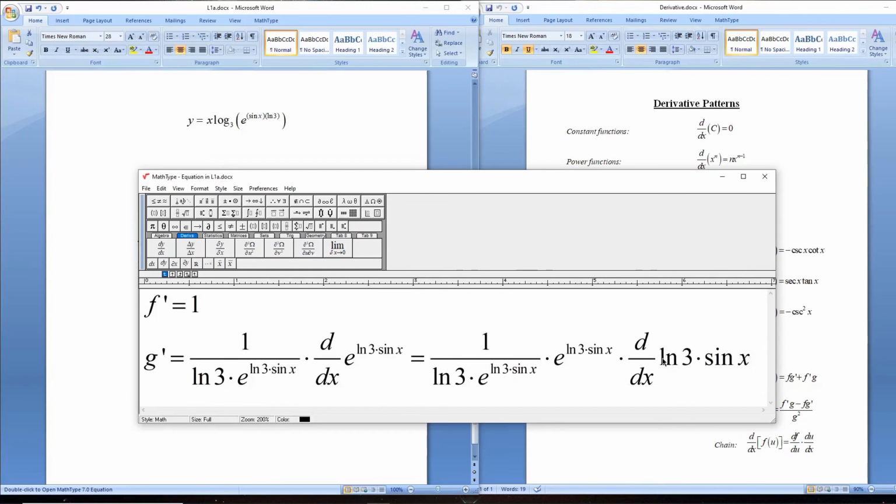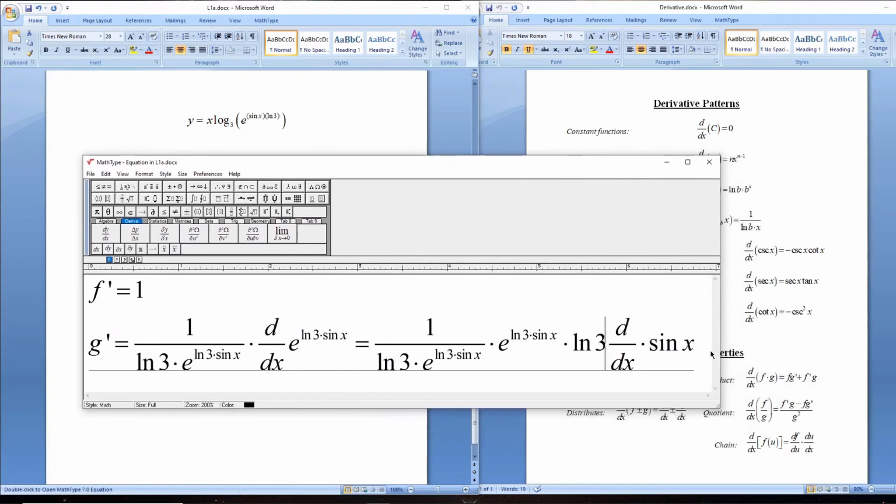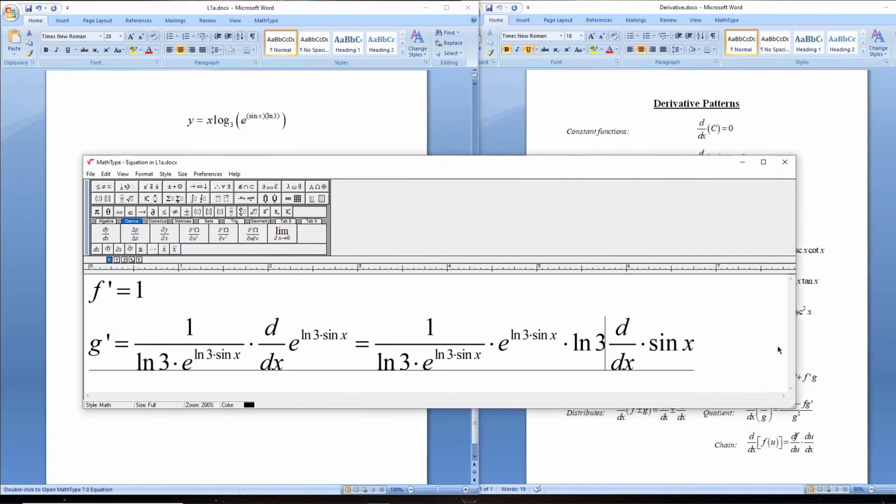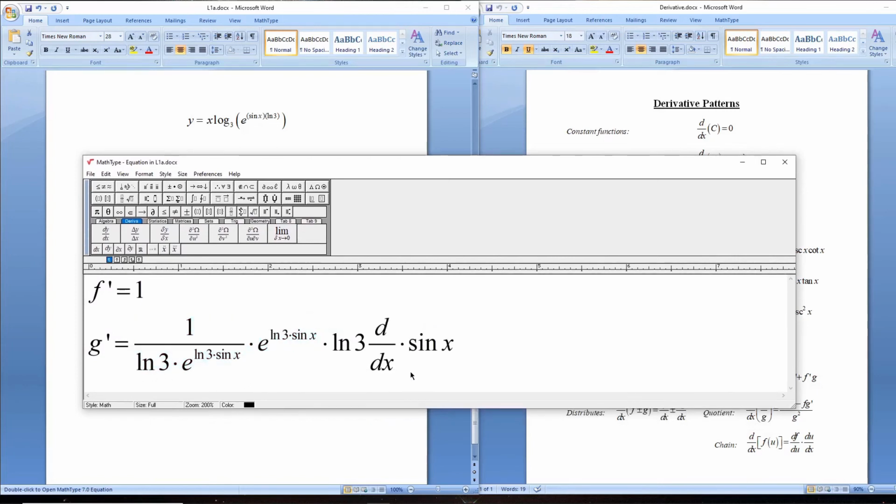And here, natural log 3 is just a constant. And we can pull that outside the derivative. And so here's where we're at now for our derivative. And now the derivative of sine is cosine. And I'm just going to clean this up a little bit.